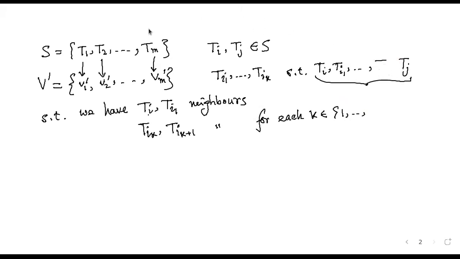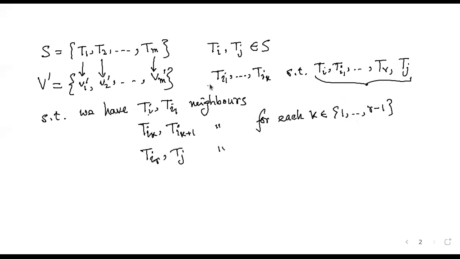Let's call this r. For each k in this, and Tir and Tj are neighbors.